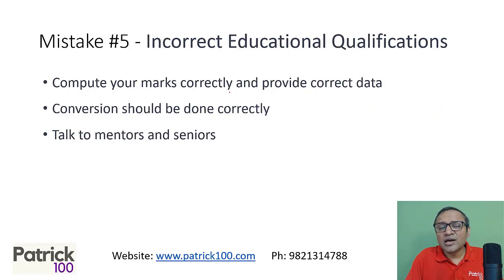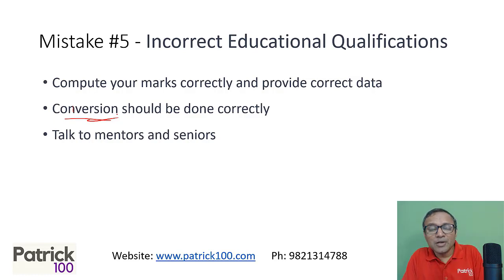Fifth, incorrect educational qualification, specifically conversion of marks. That's very important. You need to put in all the subject marks, because I've known people who recalculate it. Different IIMs have different conditions. Some IIMs may actually recalculate and then revise your call later if you have put in incorrect marks. Some may actually reject it also.